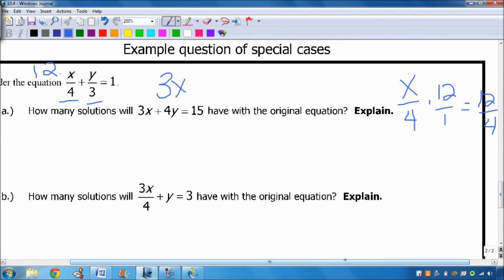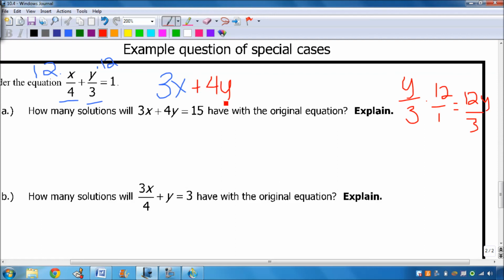So y over 3 times 12 over 1, you get 12y over 3, or 4y. Then I multiply the last number by 12 as well, because if I multiply one number by 12, I have to multiply every number by 12. So I end up getting 3x plus 4y equals 12.